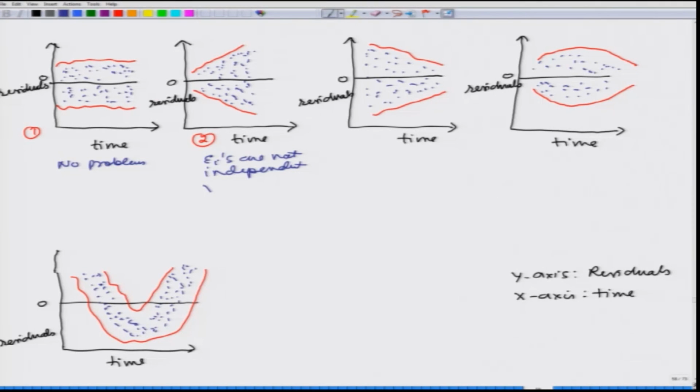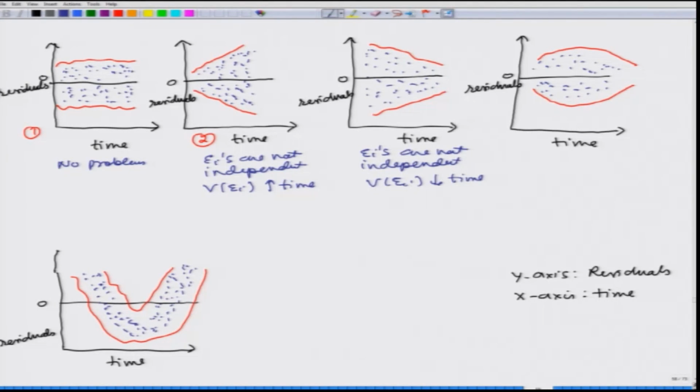And in this case, we can conclude that the variance of epsilon i is increasing with respect to time. And a similar conclusion can be drawn in this case also, when all the points are contained in an inward opening funnel, that the epsilon i's are not independent, but the variance of epsilon i is decreasing with respect to time.